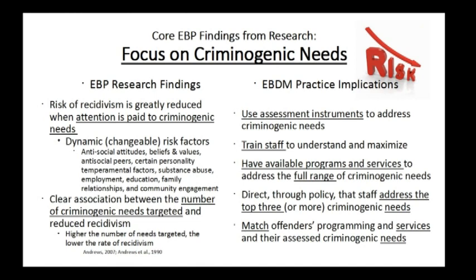We want to be using the risk assessment tools to identify them. We want to be training staff to know what the COMPAS is, how to read it, and what to do with the information. As a county, we want to have the full range of programs available to actually service these criminogenic needs available in our community.